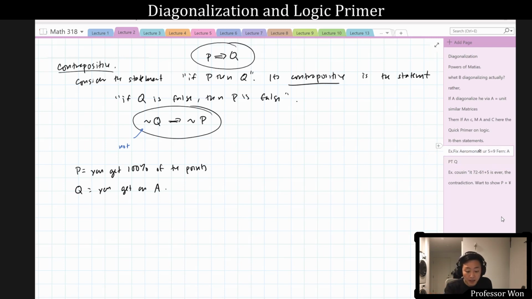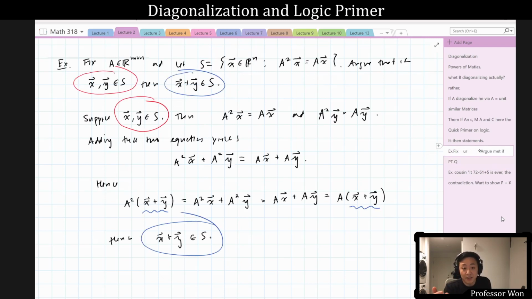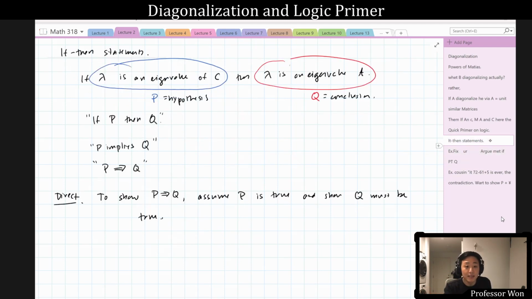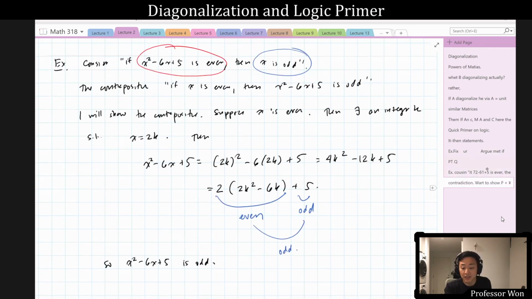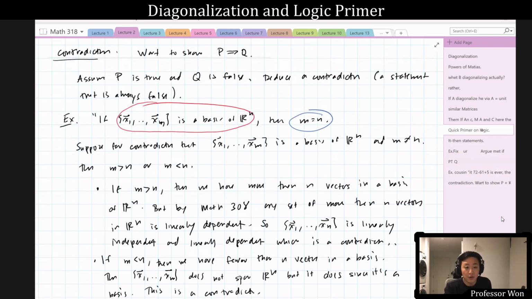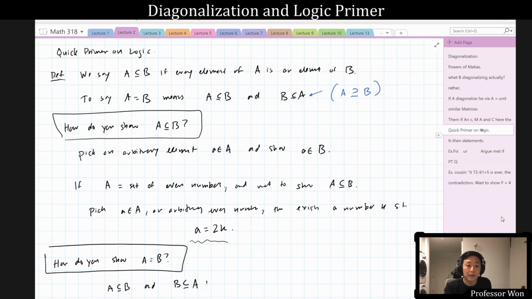So that doesn't mean that I expect you to know them before this class, but you may need to use these kinds of arguments in your problem sets: either the direct method, or proving the contrapositive, or perhaps using contradiction, and then of course showing that two sets are equal by showing that they're subsets of one another.